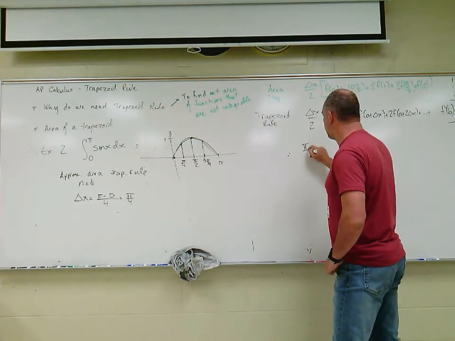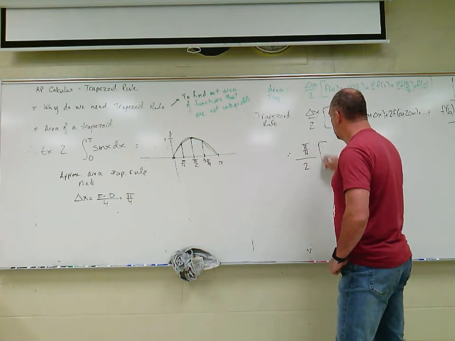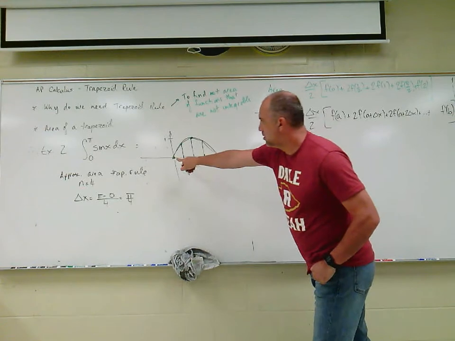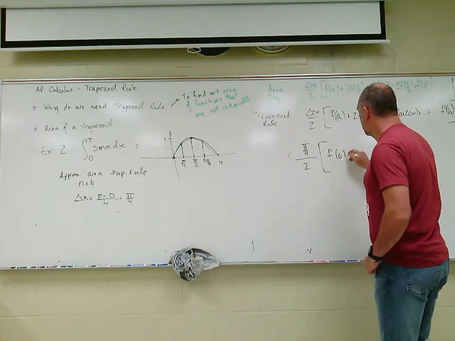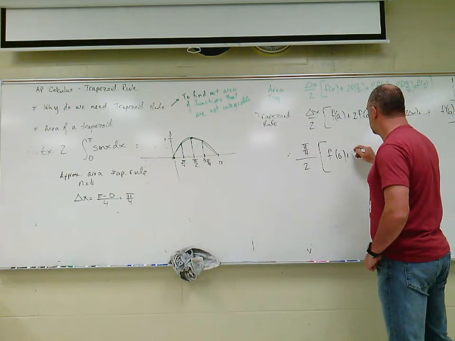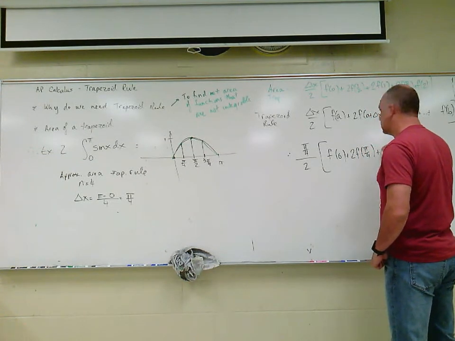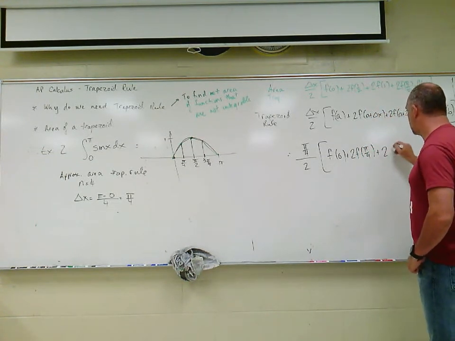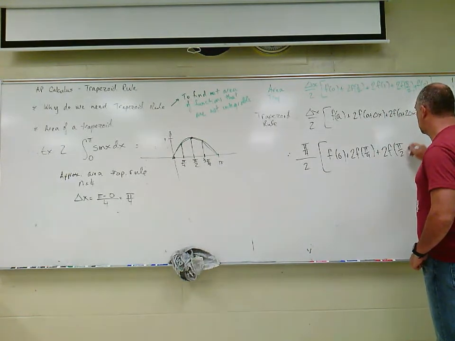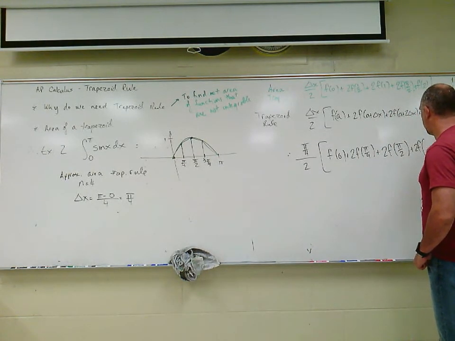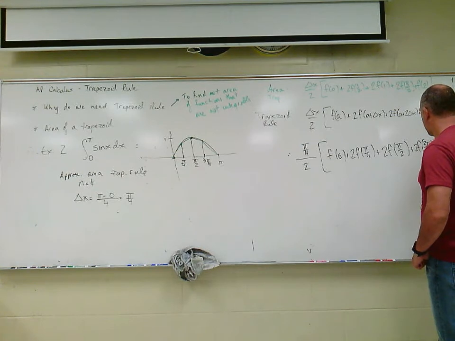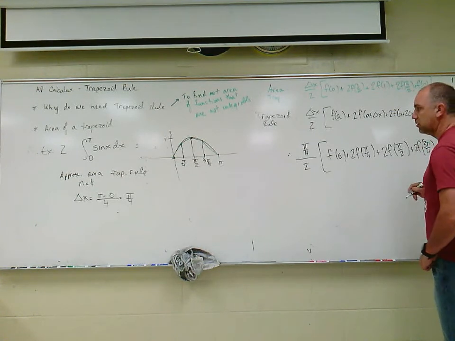It's going to be pi over 4 over 2, times f of the far left, which is 0, plus 2 times f of pi over 4, plus 2 times f of pi over 2, plus 2 times f of 3 pi over 4, plus f of pi.